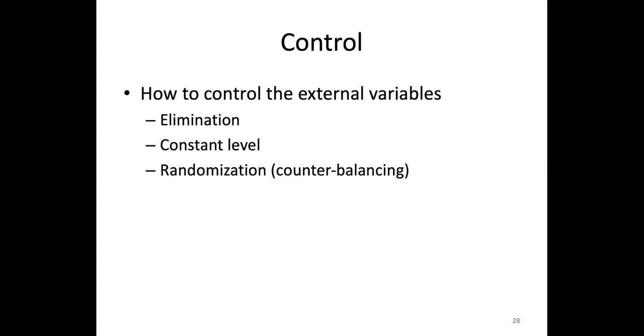We can try to eliminate an external variable, or we can try to keep it at a constant level. And if it is not possible, we should use randomization or counterbalancing. And because of that, it is really important to know all of the counterbalancing techniques that could be used.